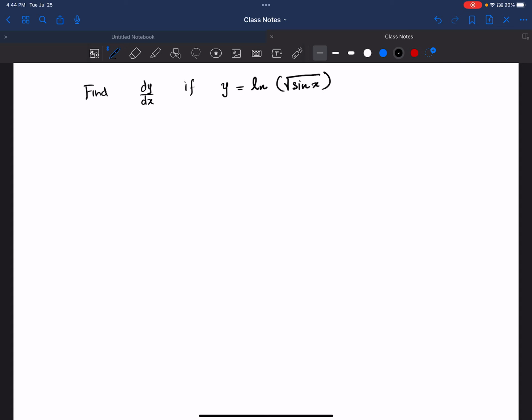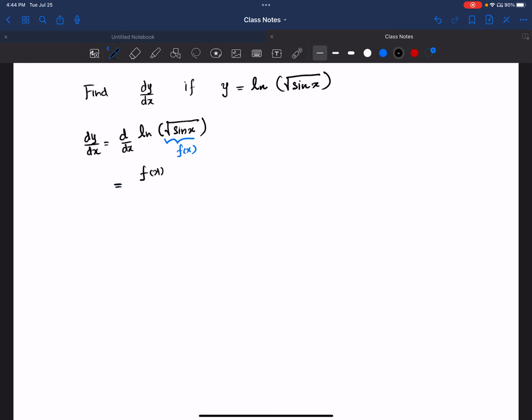So we can do it in either way, as I explained to you earlier. This is dy over dx, d over dx natural log of square root of sine x. What I would do is take this as f of x.